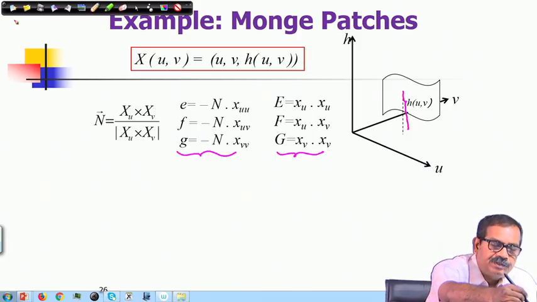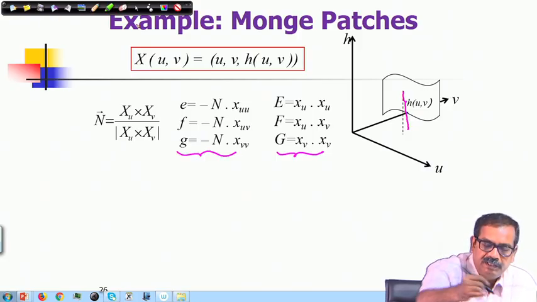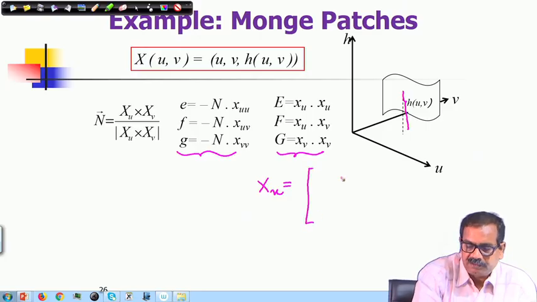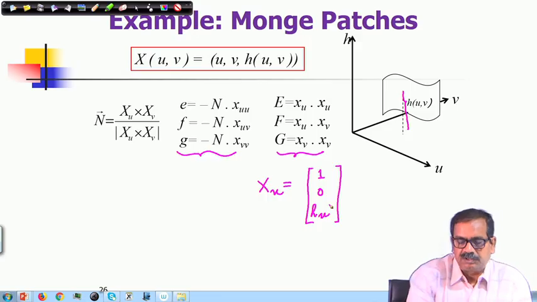They have a special form in this particular aspect, because if I compute x_u, then if I take the gradient and represent it in the form of a column vector, you get 1, 0, and let me write it as h_u in short.